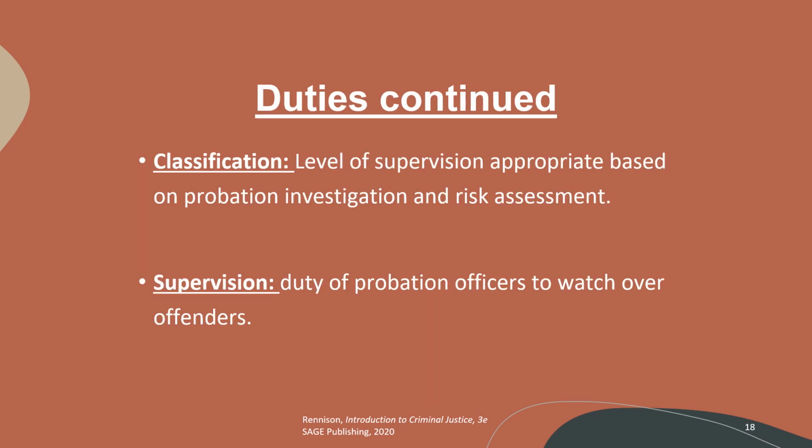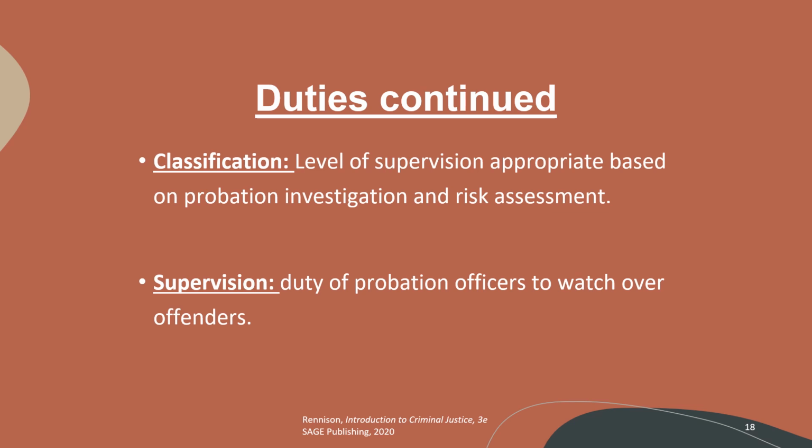We also talked a little bit about classification. Probation officers determine the level of supervision appropriate for the offender, and determining that level of appropriate supervision is known as classifying them. Are they going to be high level supervision?